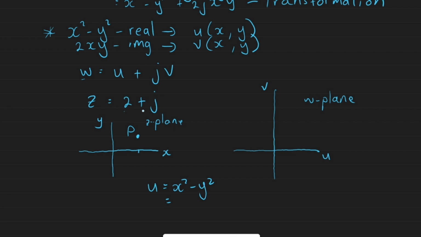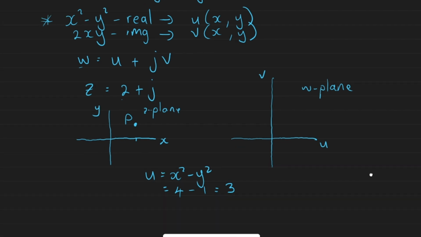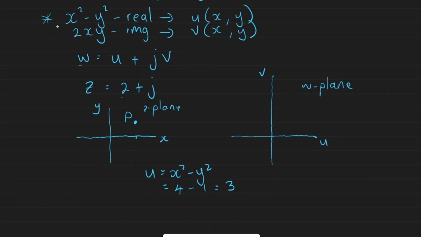So x is equal to 2 and y is equal to 1. So we have 2 squared, which is 4, minus 1, which is equal to 3. And we remember that v was equal to 2xy.